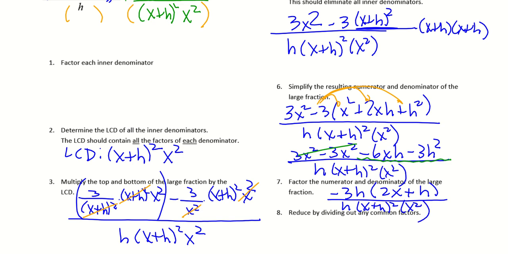We now have another common factor that shows up. This h can divide out with this h, and we are left with negative 3 times 2x plus h all over, I'm going to reorder this, x squared times x plus h squared.